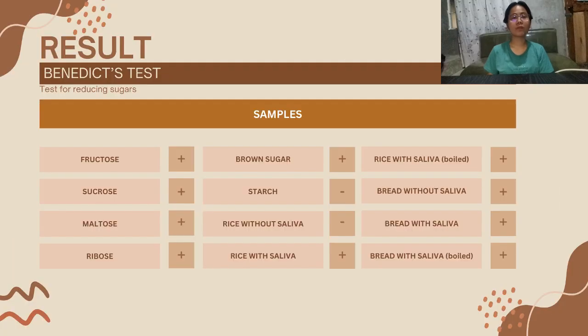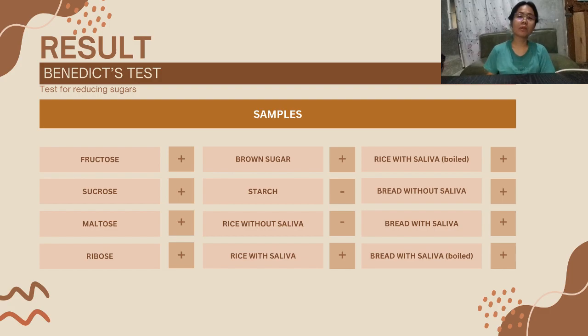Based on the result from Benedict's test, again, a test for reducing sugars, most of the samples showed positive results, which are fructose, sucrose, maltose, ribose, brown sugar, rice with saliva boiled, bread without saliva, bread with saliva, boiled bread with saliva.